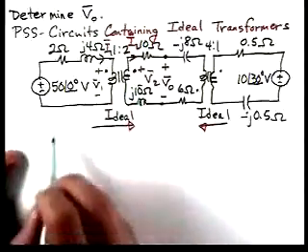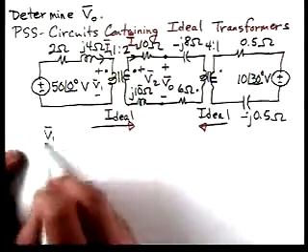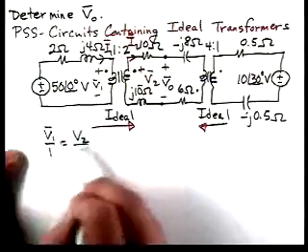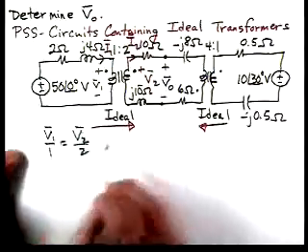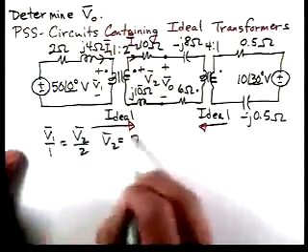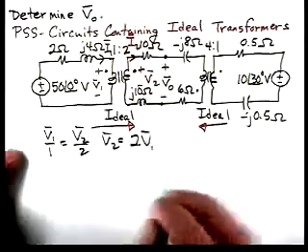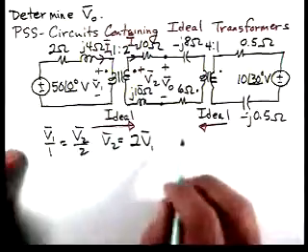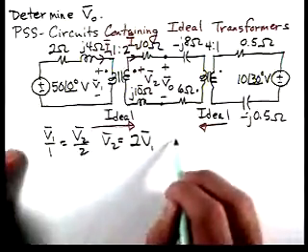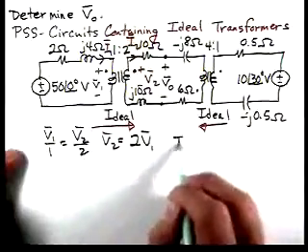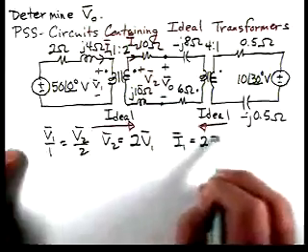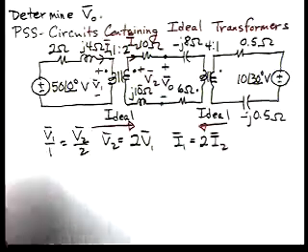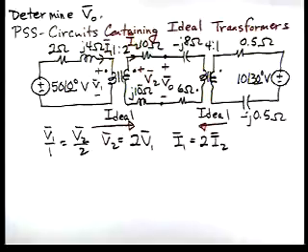So we'll have V1 over 1 is V2 over 2, or V2 is equal to 2V1, and then we've got one current defined entering the dot, the other current defined leaving the dot. So we have I1 equal 2I2.